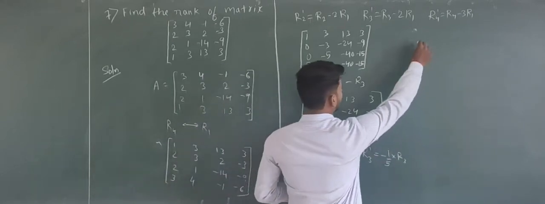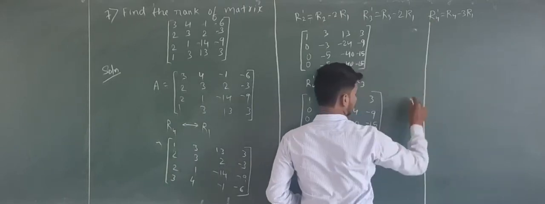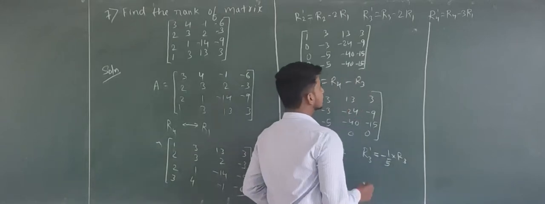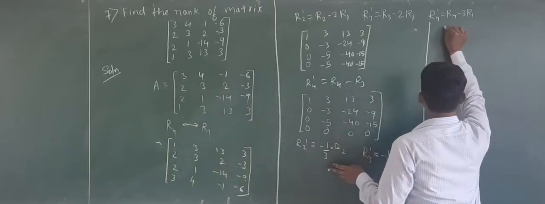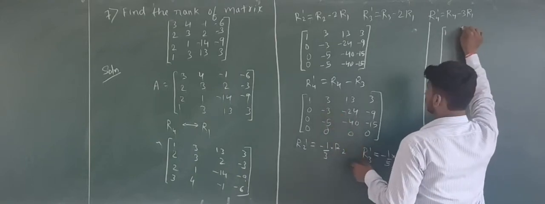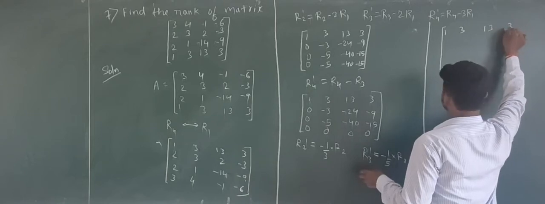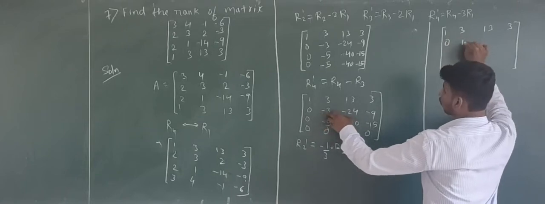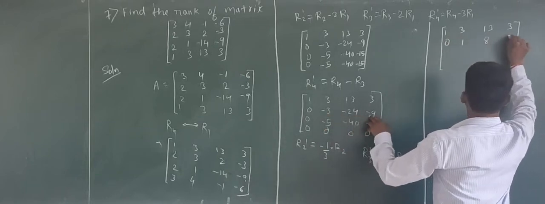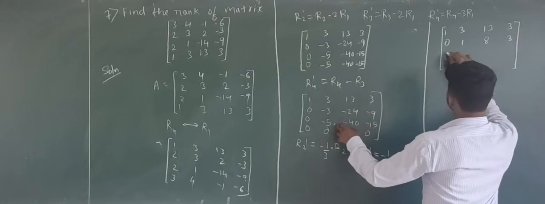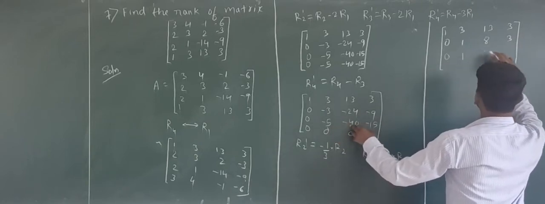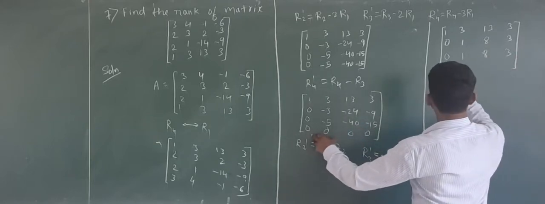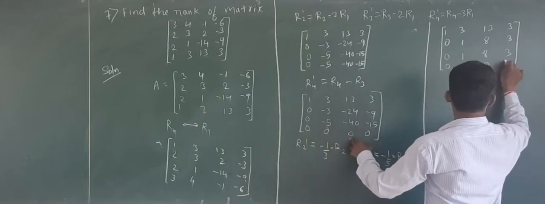So now, next, that is 1 3 13 3, that is 0 1 8 3, 0 1 8 3. Next this will be 0 0 0 0.